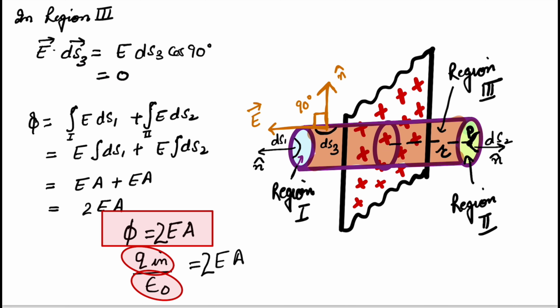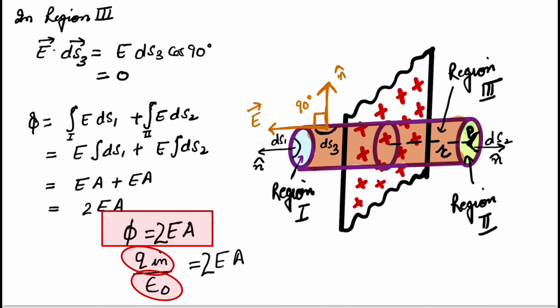Then we calculate the flux phi. It will be coming from regions 1 and 2 only. So E is constant. It comes out of the integration. The integration is left over ds1 only. When you take the integration over ds1, it will give you the value A. So it comes out to be 2EA, and phi is equal to 2EA.